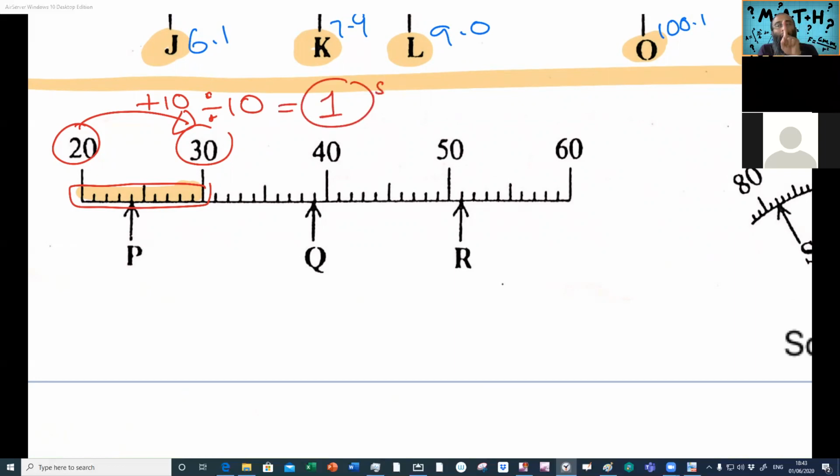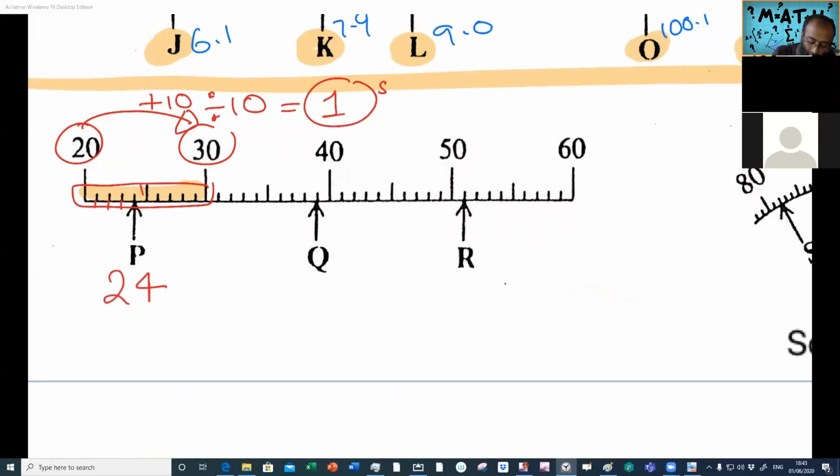We are counting in ones. So 20, 21, 22, 23, 24, 25, 26, so on, so on. So what is Q and R then, Madam Aisha? 39 and 51. Fantastic.